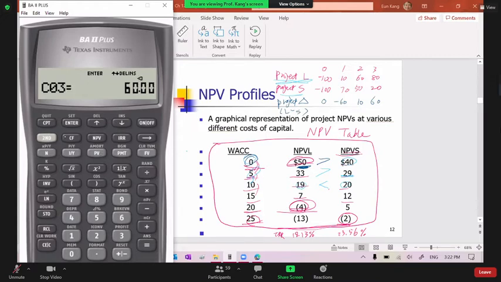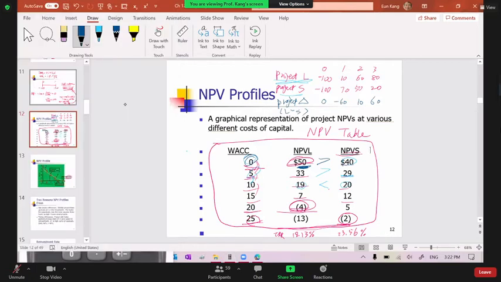Then what? If you use I equals 0, then what? Net present value of delta is 10, right?